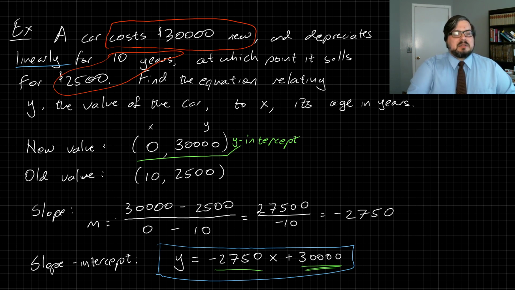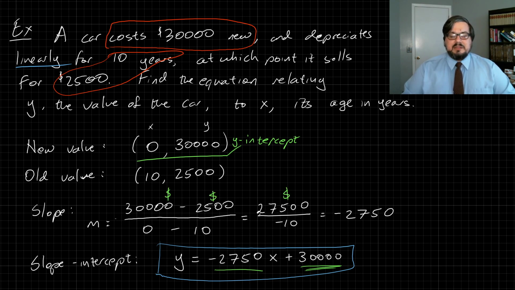But if you do keep track of it, it's often very helpful for telling you insight as to what the numbers that you're actually finding mean. So for instance, when we calculate our slope here of negative 2750, we took the difference of 30,000 minus 2,500. But what sorts of units are they? 30,000 what? 2,500 what? Well, they're dollars.